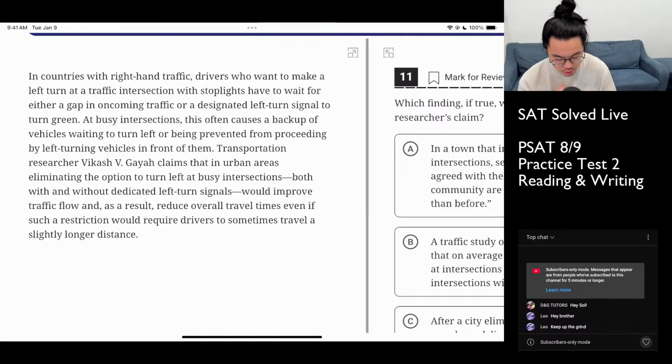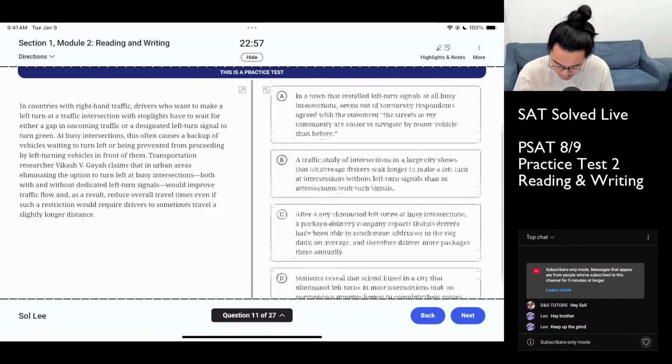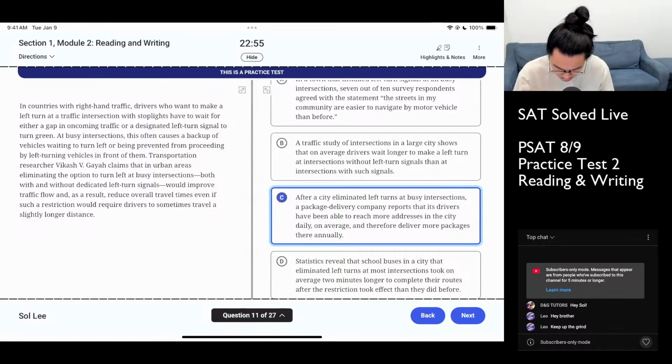And as a result, overall travel times, okay, so you increase distance, but you decrease travel times.